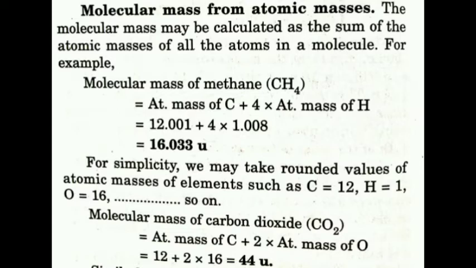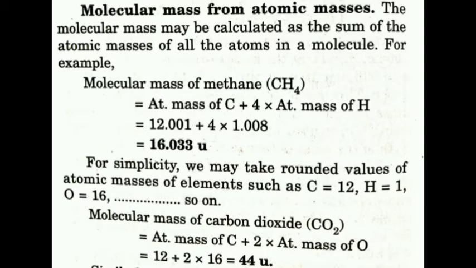When we take exact values of the atomic mass units, the atomic mass of carbon is 12.001 plus 4 times the atomic mass of hydrogen, which is 1.008. When we calculate it, it comes out to be 16.033 U. But for simplicity, we take the rounded values of the atomic masses of elements, such as for carbon we take it as 12, for hydrogen we take it as 1, and for oxygen it is equal to 16.